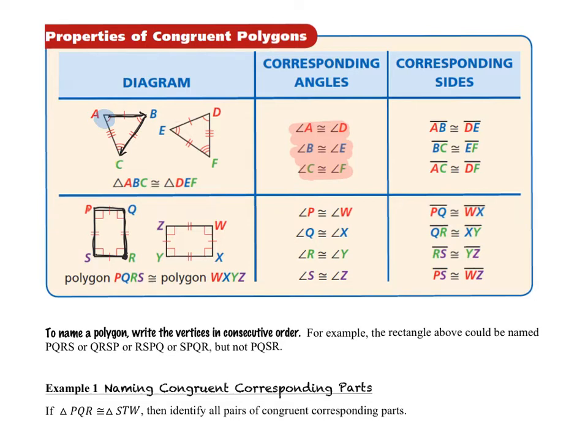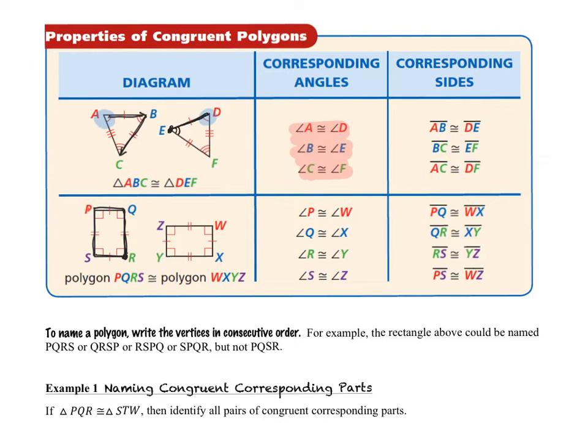So A would match D, and then from there I went to B, which had two arc marks. So I'm traveling towards E, the angle that has two arc marks there.